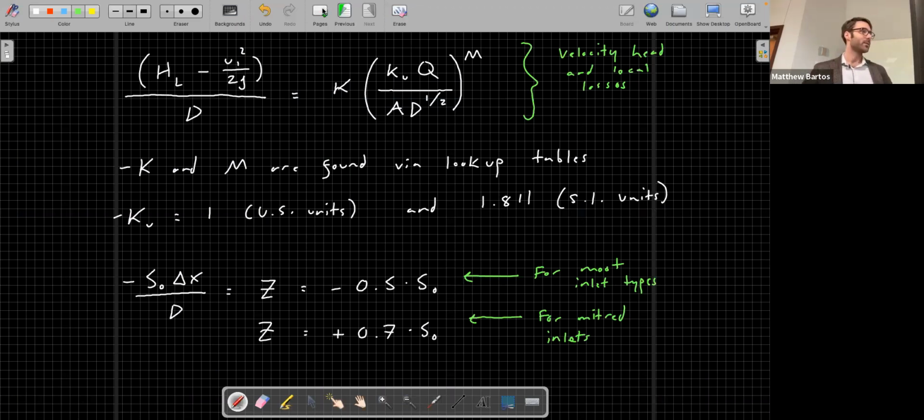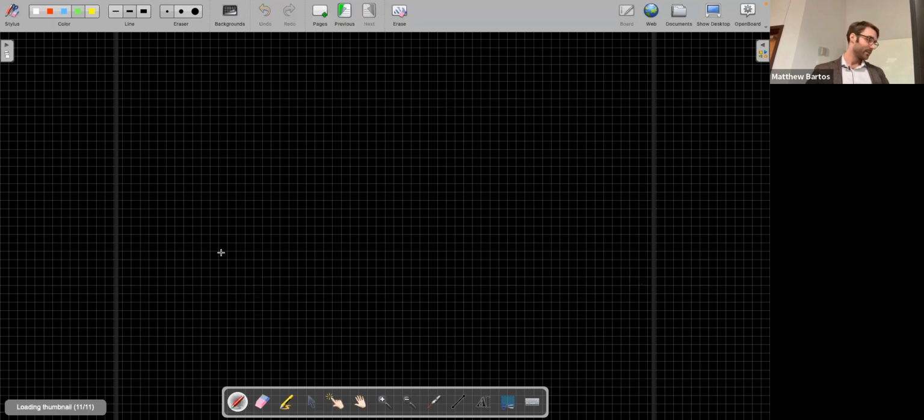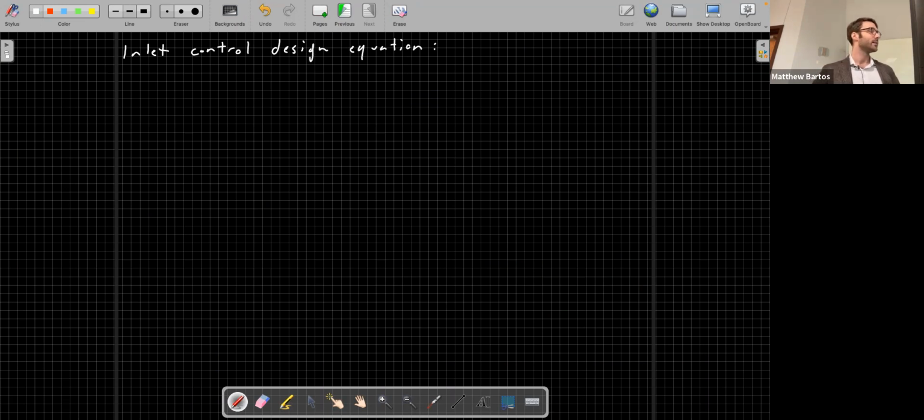Okay, so let's go ahead and write out the inlet control design equation. And I will write it out first for the unsubmerged case, which is what we just derived. And then I'll also write it out for the submerged case. Okay. So this is for the unsubmerged case.